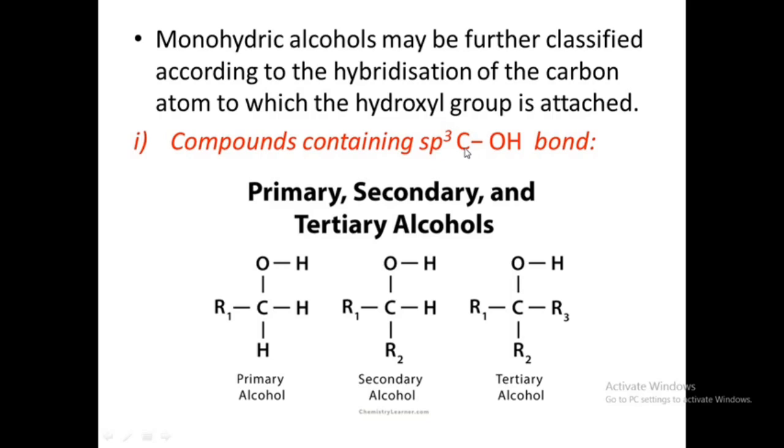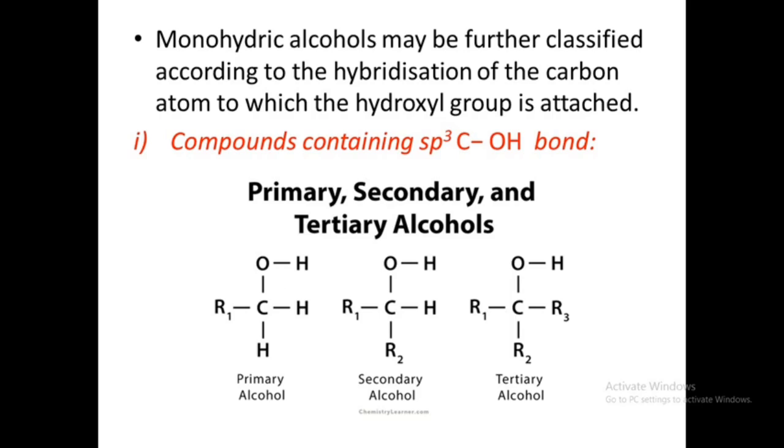That means that carbon will form only single bond. So further, these compounds are classified as primary, secondary and tertiary alcohols. So primary alcohols are those alcohols in which the OH group is attached to a primary carbon.